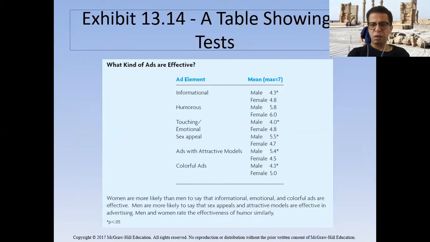If you notice here, they are talking about the mean, and the mean is max 7. So the male is 4% informational. Here they say they found out the most effective way of doing advertisement.